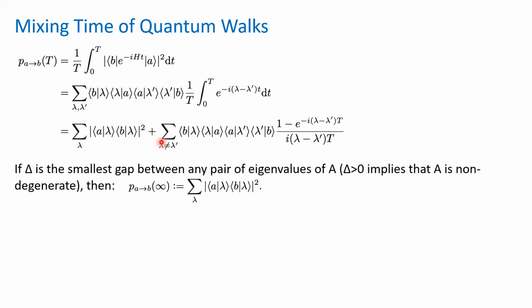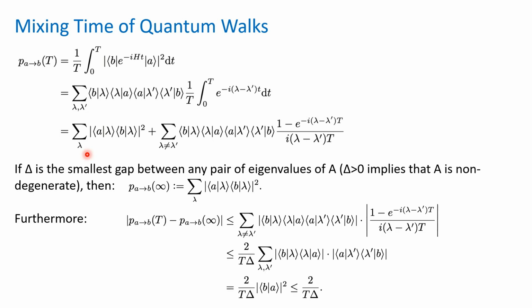So if the time capital T goes to infinity, then this probability is going to be these fixed values here, and it has a limiting distribution. This is the observation that people make here.